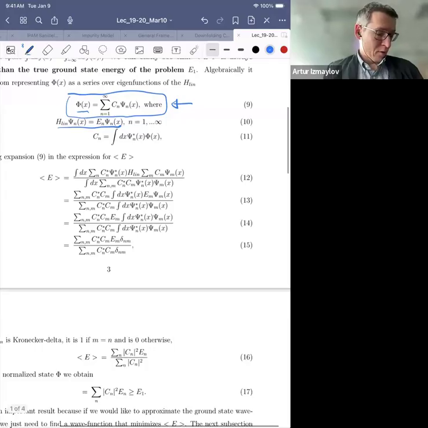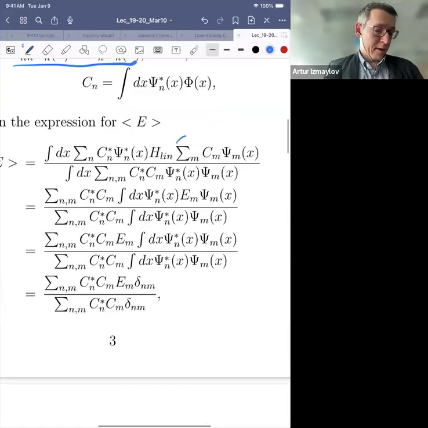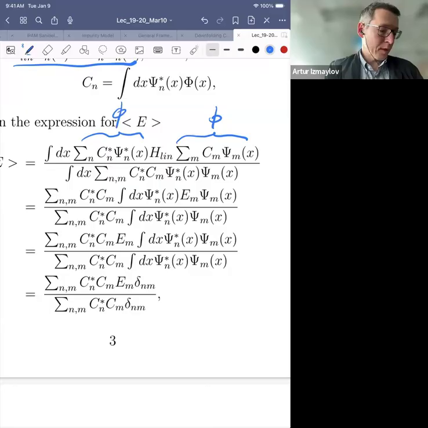All right, so now if we use that decomposition, for every state that we put, we could write it as a linear superposition of eigenstates.